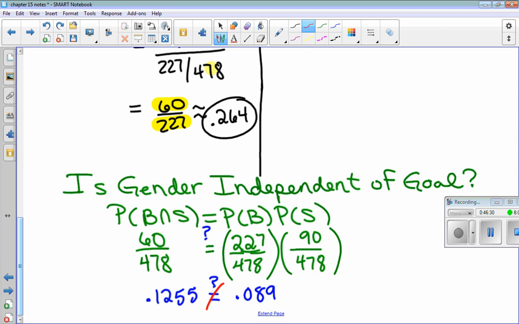If it's close but you're not sure, try a different combination, like girls and good grades, and see if that works any better. But because they're not the same, are they independent or dependent? They're dependent, and this is the mathematics needed to show that.